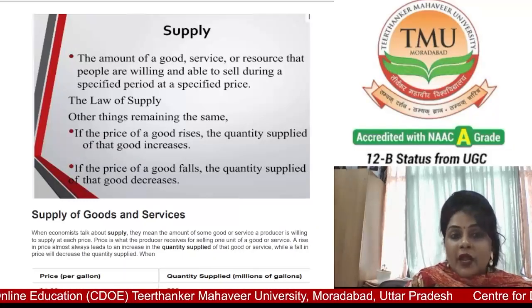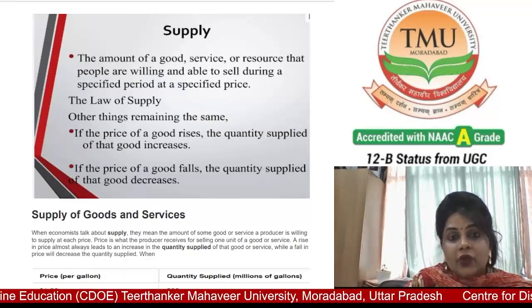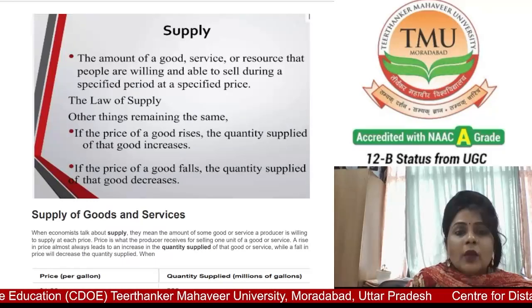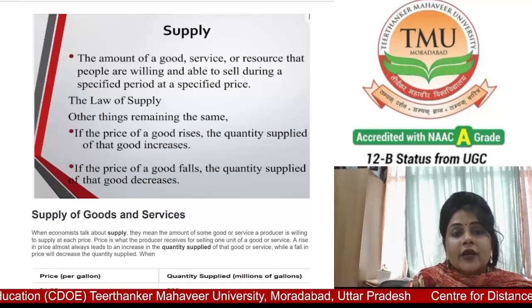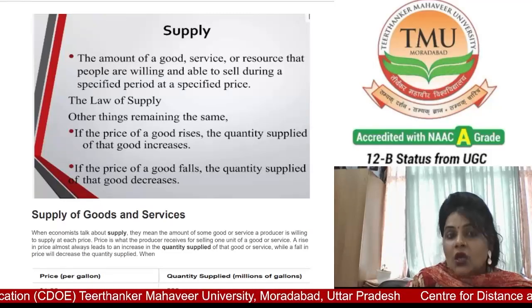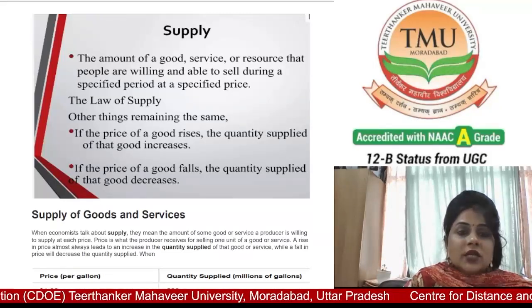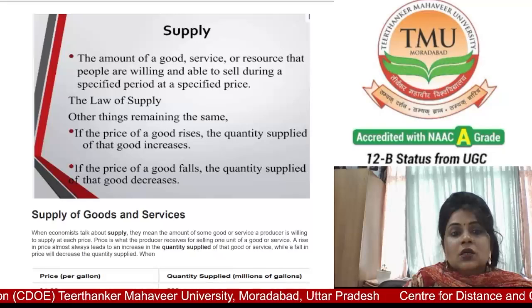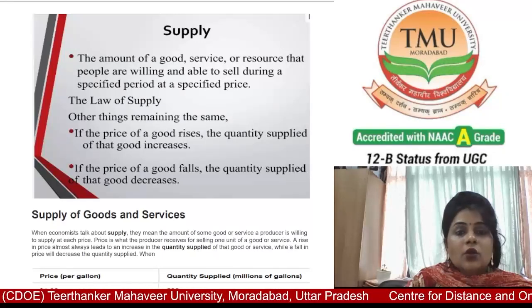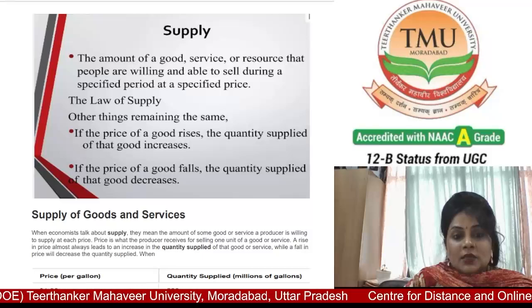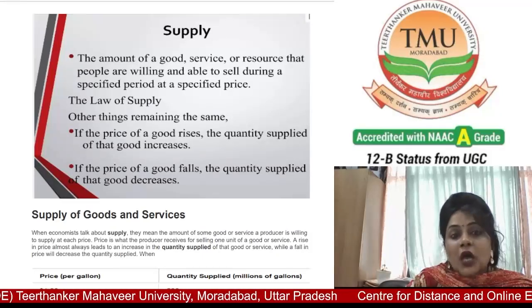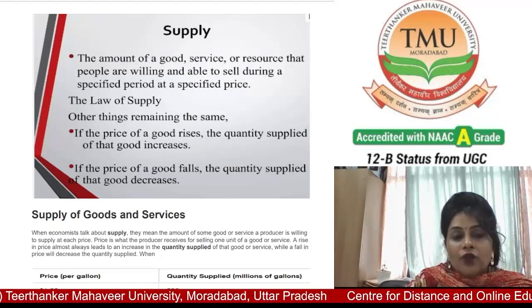Higher prices give suppliers an incentive to supply more of the product or commodity, assuming their costs aren't increasing as much. Lower prices result in decreased supply, and supply slopes upward.